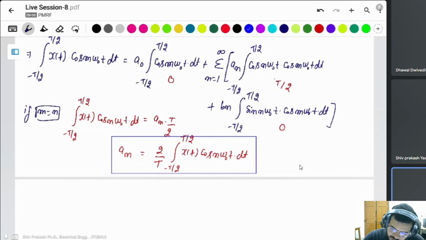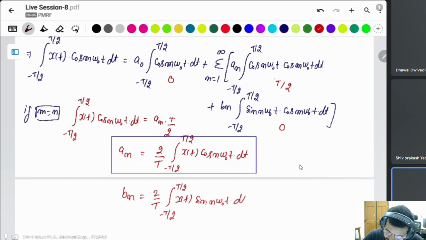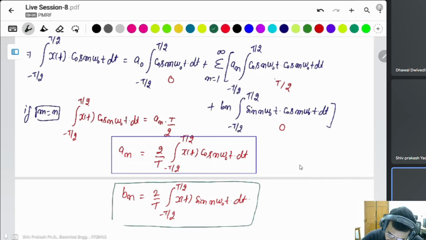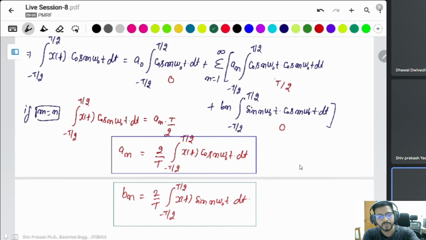Then an is this one, then bn, same thing, 2 by t integration of minus of t by 2 to t by 2 xt sine of n omega naught t dt, because bn is the coefficient of the sinusoidal signal. That's why you have to multiply by the sinusoidal only. If you multiply with the cosine, then the multiplication of cosine and the sinusoidal signal, the integration will be 0 for a time period.